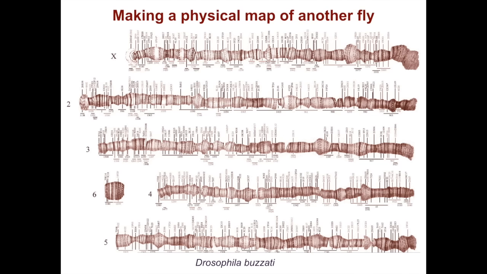They hybridized large chunks of DNA to these chromosomes and determined where these large probes hybridized, and that gave them the ability to create a physical map of this fly that has 6 chromosomes: X, 2, 3, 4, 5, and the small chromosome 6.